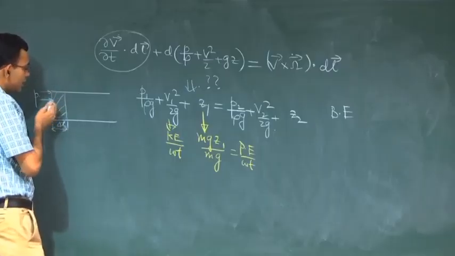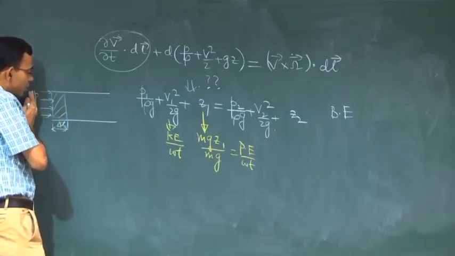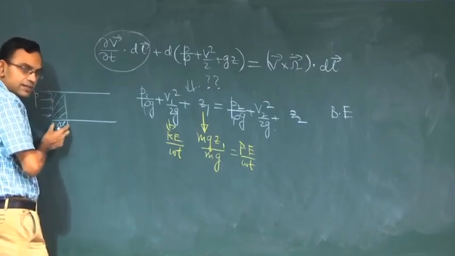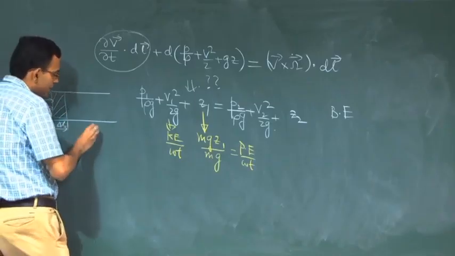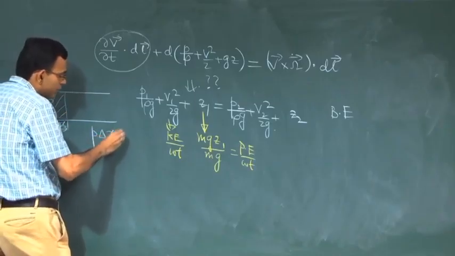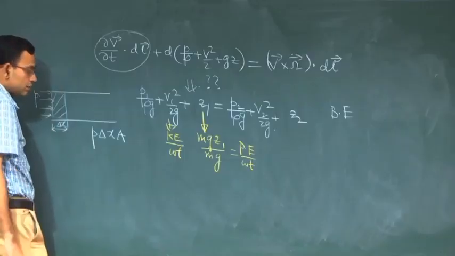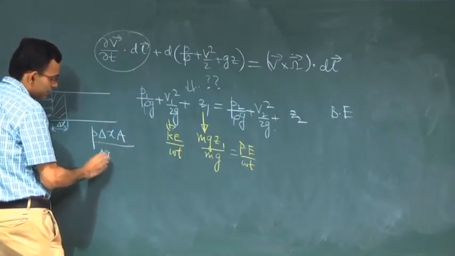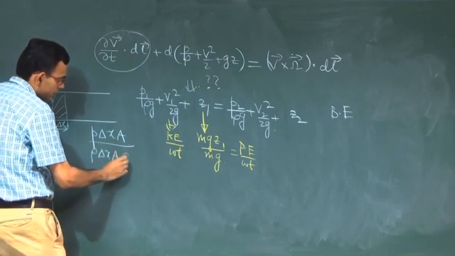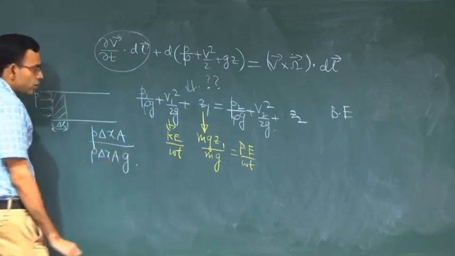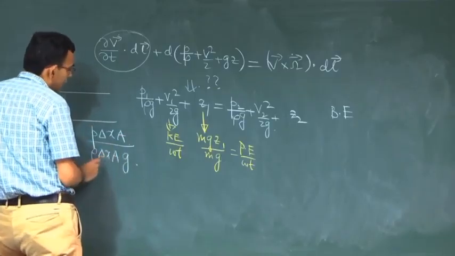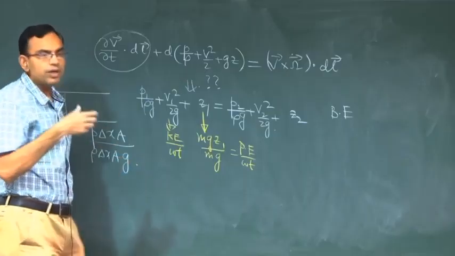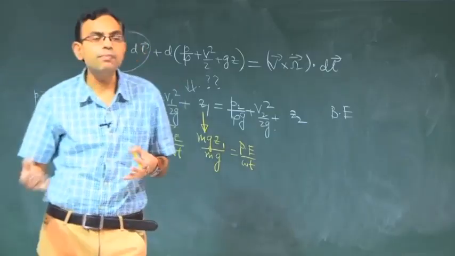Then the work done by this force to penetrate by this amount delta x, so that the flow can be maintained, is P into delta x into A. This per unit weight is this. So, P by rho g is the work done per unit weight to maintain the flow in presence of pressure.